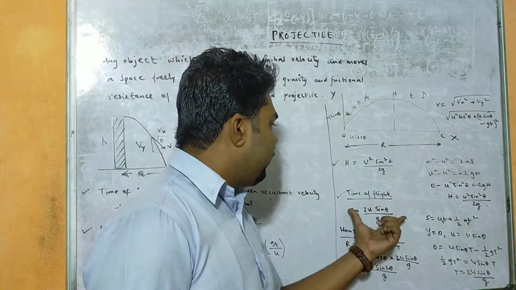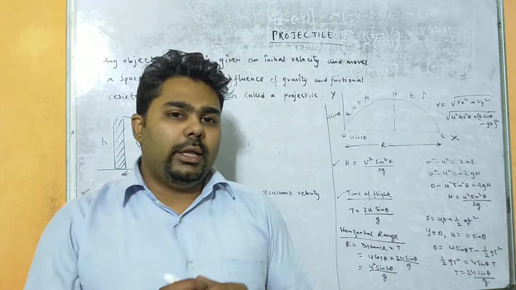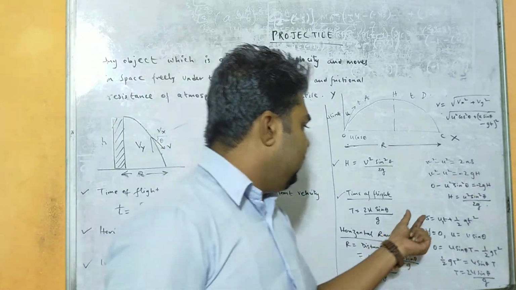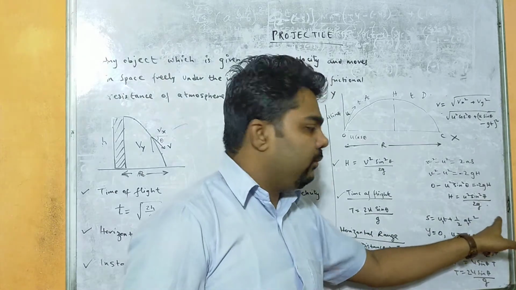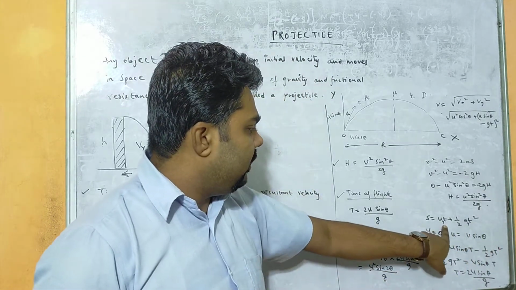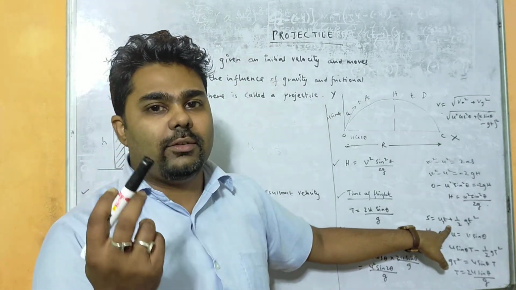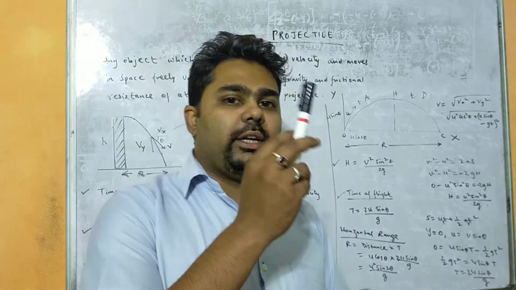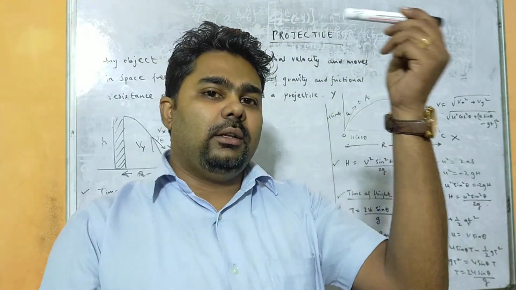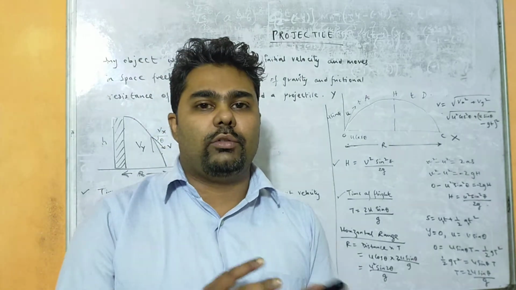So how are we going to find this one? When an object is being thrown in a vertical direction, we will use the formula s equals ut plus half a_y t square. So what is the velocity along vertical direction? u_y, that is u sin theta. But when an object is thrown in a vertical direction, after that it comes back to the ground due to the influence of gravity.